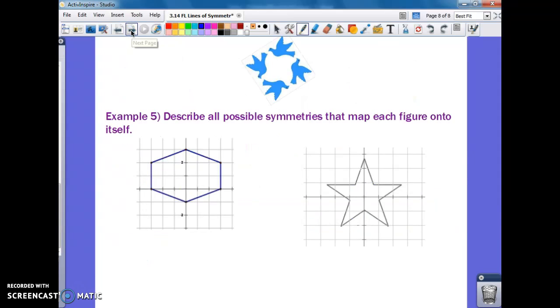And our last and final examples for the day. Describe all the possible symmetries that could map each figure onto itself. Well, this is a 1, 2, 3, 4, 5, 6-sided figure. So it's a hexagon.